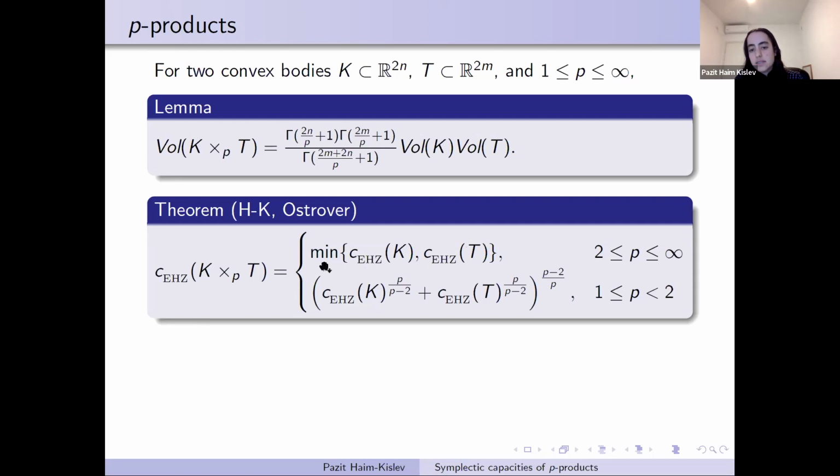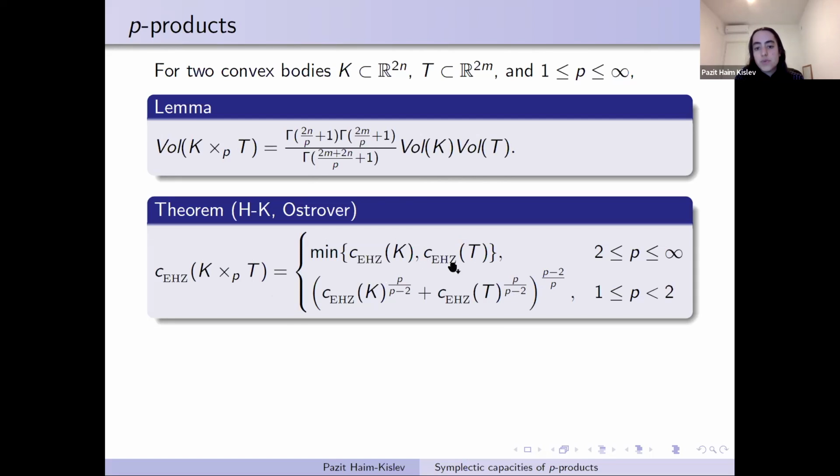We can see that this value comes from a closed characteristic, which is just the minimal closed characteristic on K times 0, and C of T comes from 0 times the minimal closed characteristic on T. And this value for p smaller than 2 comes from a rescaling of the minimal orbit on K and a rescaling of the minimal orbit on T, where we move on both of them simultaneously.